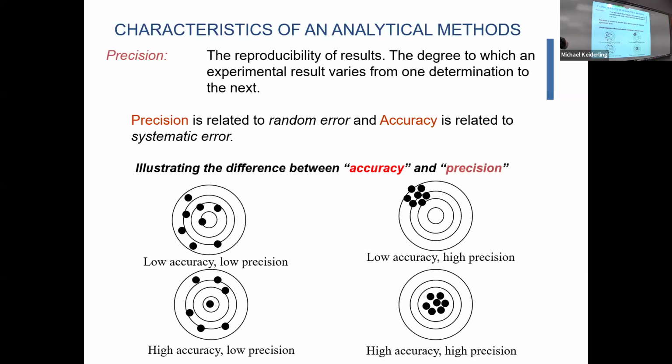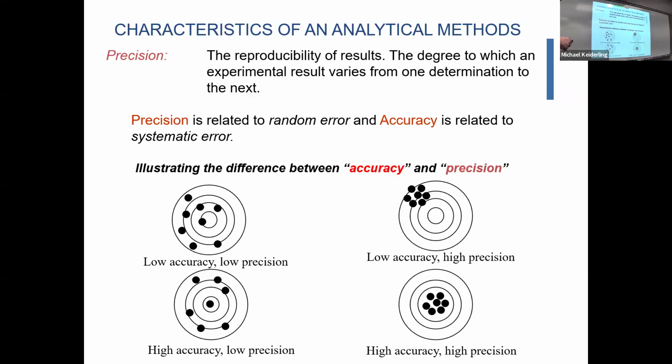Now, precision is the reproducibility of results, the degree to which an experimental result varies from one determination to the next. So precision is related to random error, and accuracy is related to systematic error. And so here's sort of an illustration of the difference between accuracy and precision. This is low accuracy, low precision.